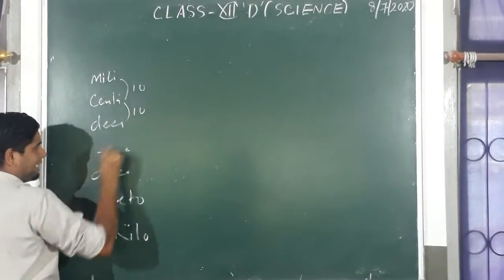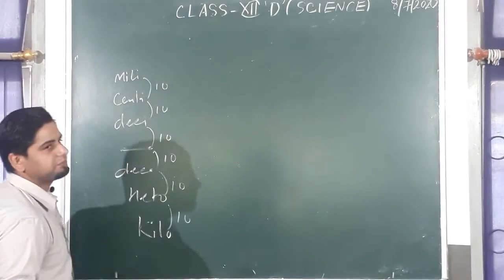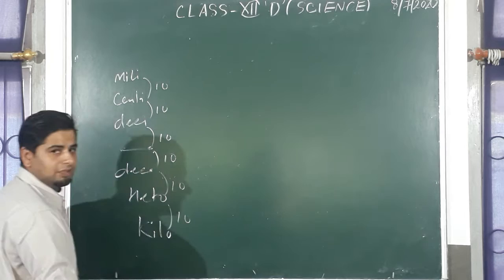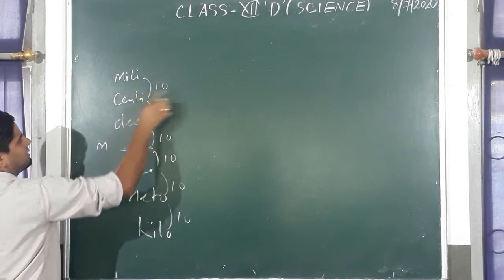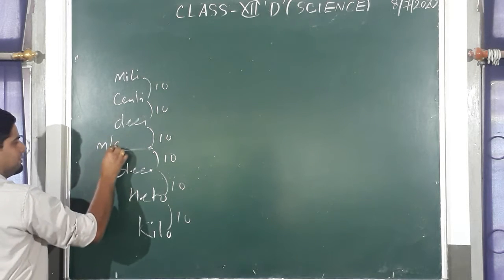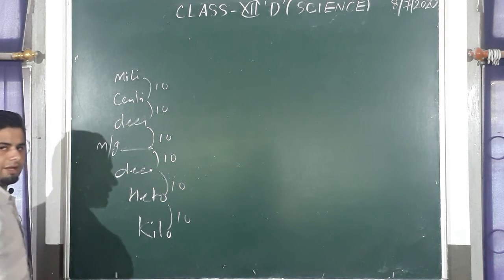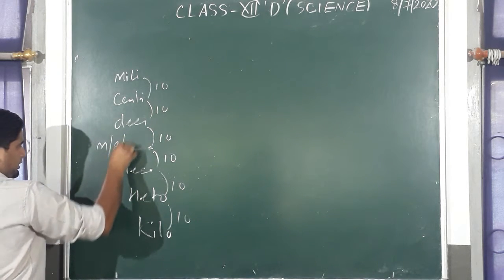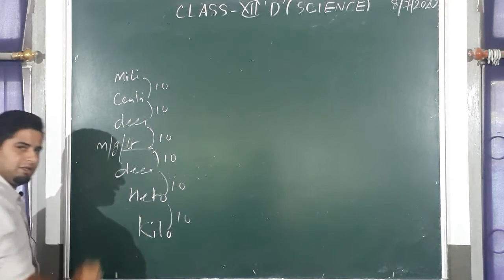Here I leave one gap, then again between deci and this gap, 10, 10, 10, 10. This gap may be the unit of mass, volume, or length. Suppose meter: millimeter, centimeter, decimeter, meter, decameter, hectometer, kilometer. Suppose gram: milligram, centigram, decigram, gram, decagram, hectogram, kilogram. If this is liter: milliliter, centiliter, deciliter, liter, decaliter, hectoliter, kiloliter.